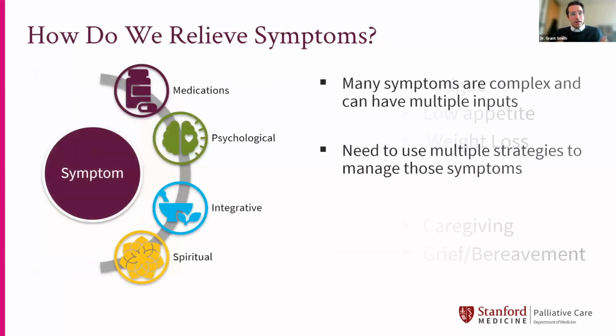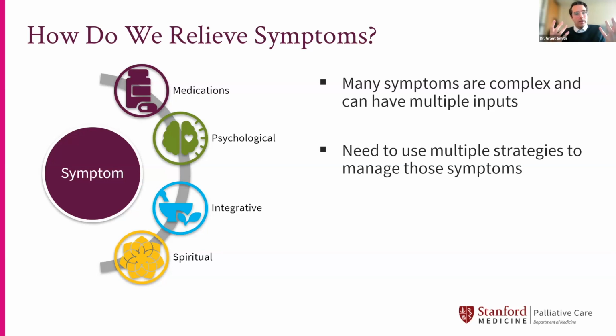And we talked about this holistic approach, and that's really how we try to go about relieving these symptoms. I often think pain is an easy example here. We know there's a physical component where the nerves send signals to the brain to say there's an ouch, but we also know that there's biology of the brain sending signals back down to the nerves to help interpret and regulate those signals.